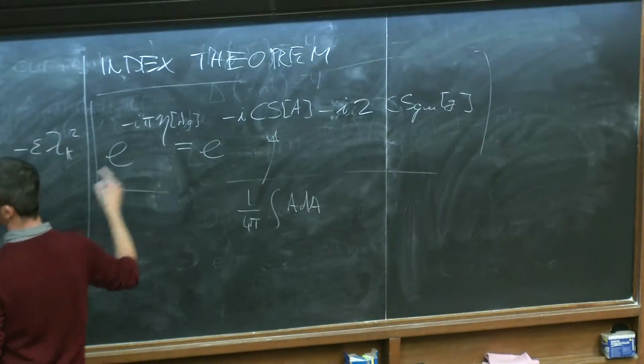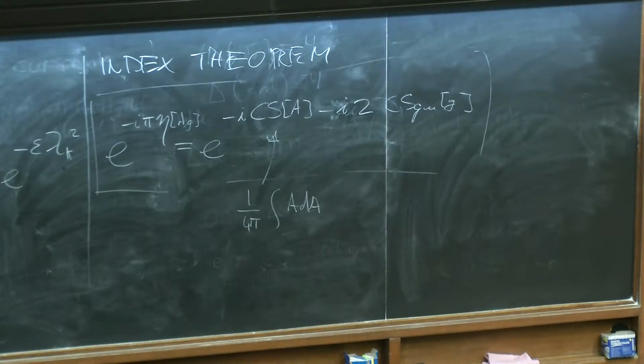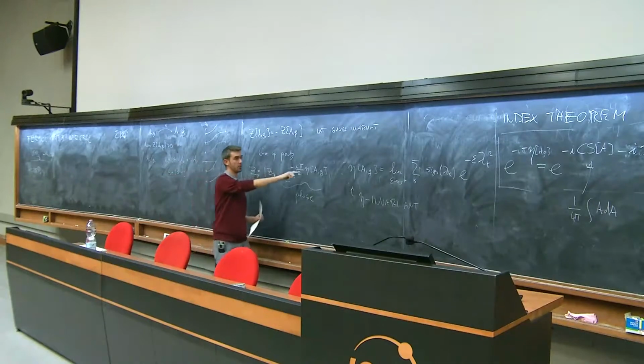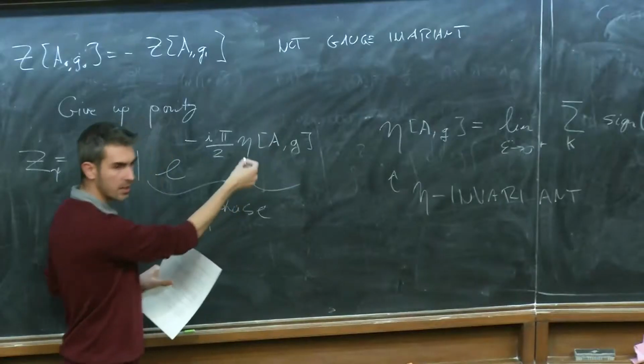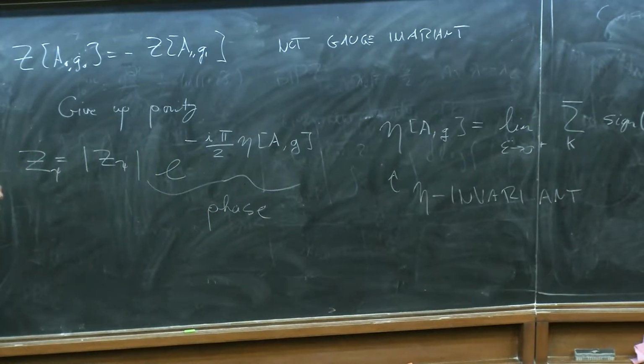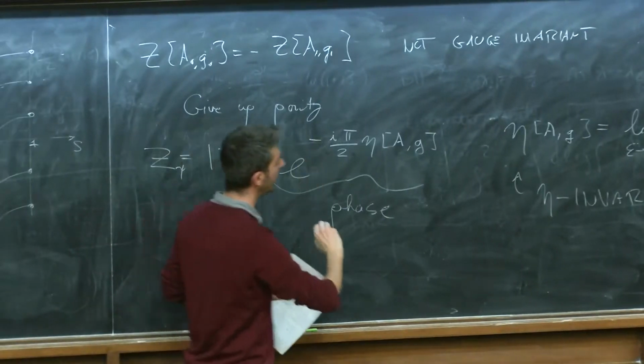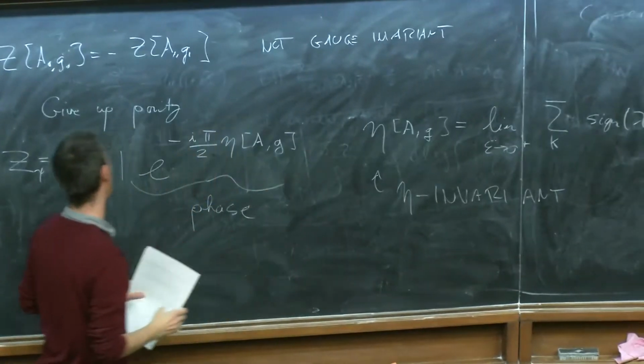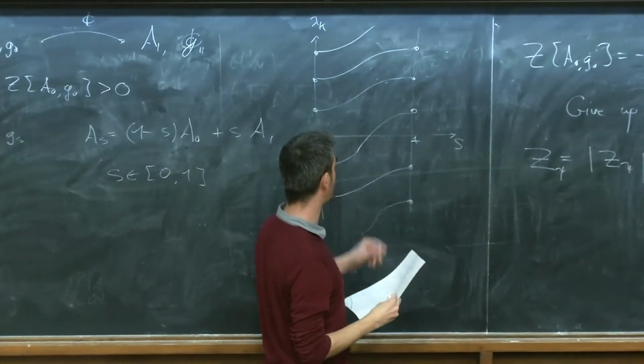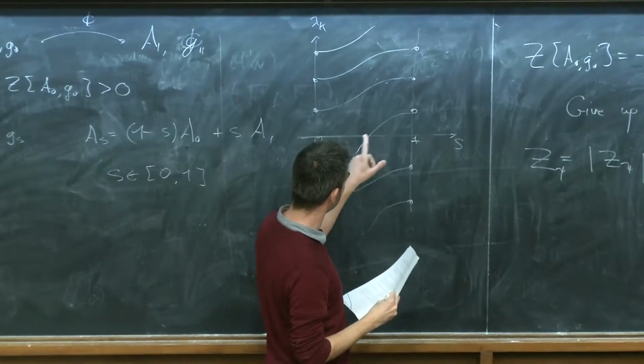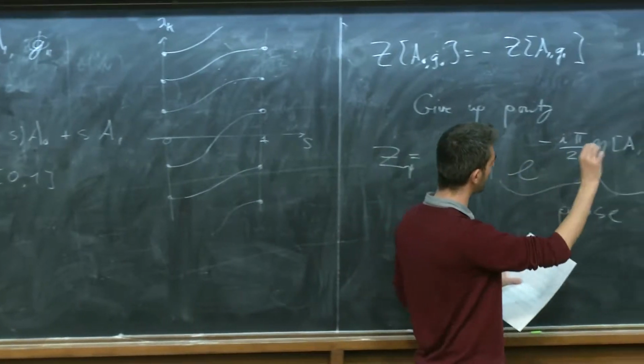Because it is true that this object is gauge invariant, but it has another problem: it is not continuous. In particular, this regularized expression has the property that when some eigenvalue goes from negative to positive, this function jumps. So if you wish, this function is not defined when there is a fermion zero mode on the manifold, and it jumps by 2 when this eigenvalue goes from negative to positive.